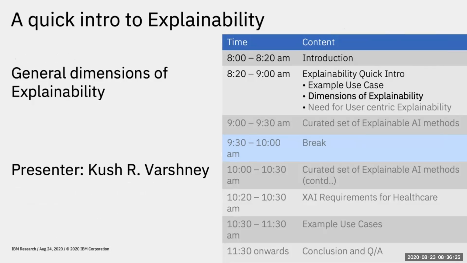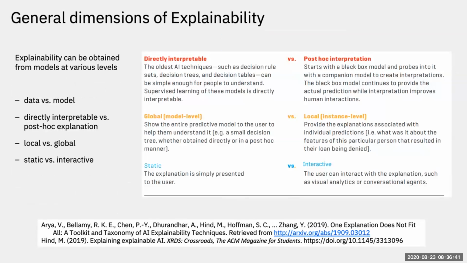Now that we've gotten a good introduction from Daby and Kenney and a great example use case from Prithwish on the medical expenditure panel survey data, let's move on and take another view and look at the general dimensions of explainability. Explainability can be categorized according to four dichotomies.